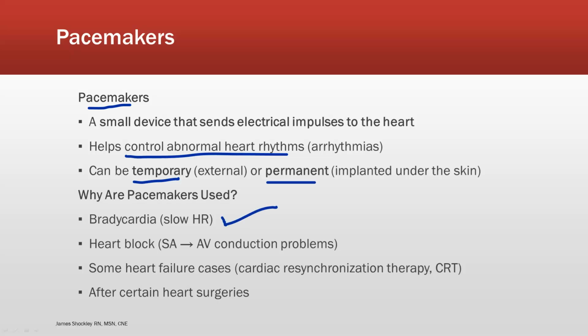So typically when we talk about these bradycardias, we're going to lump our bradycardia in with a second-degree type 2, and our complete or third-degree AV blocks. Those are generally bradyarrhythmias, and those come from heart block.